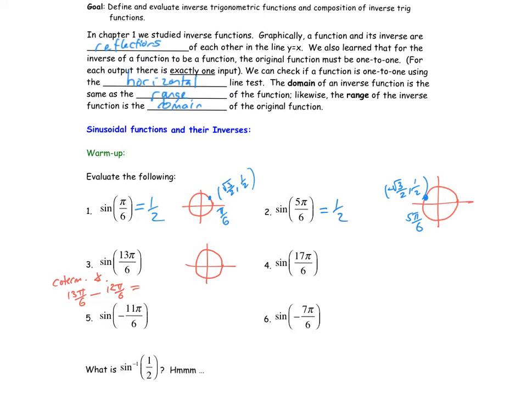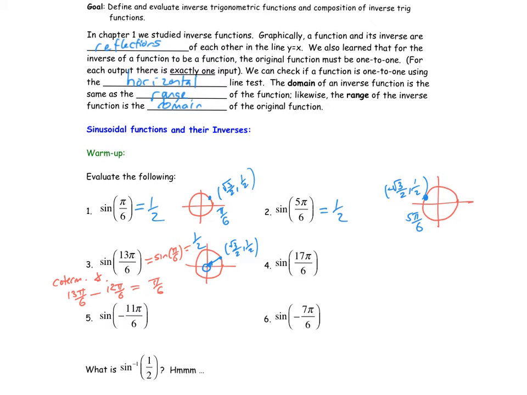So 13 pi over 6 minus 12 pi over 6 is pi over 6. So sine of 13 pi over 6 is the same as sine of pi over 6, and we just found that value. That value is going to be 1/2. It's the same point on the unit circle, right? Because 13 pi over 6, if I want to draw it out, would be a full revolution plus pi over 6.